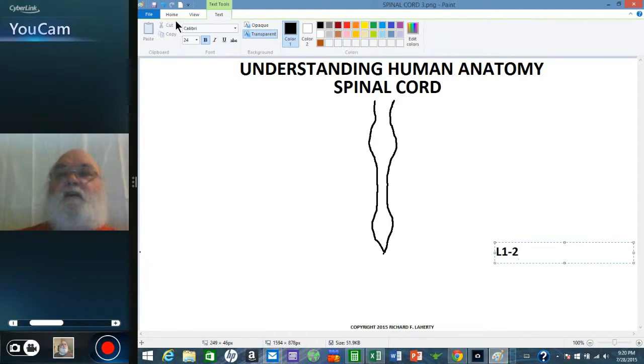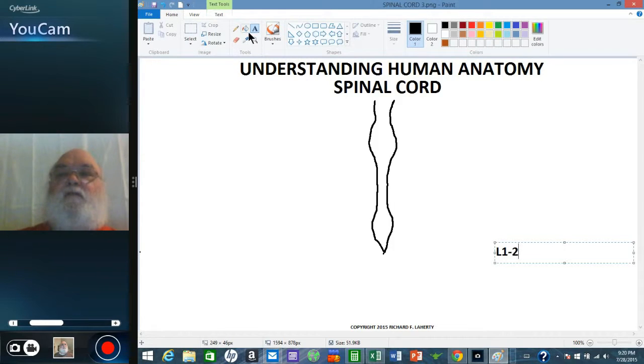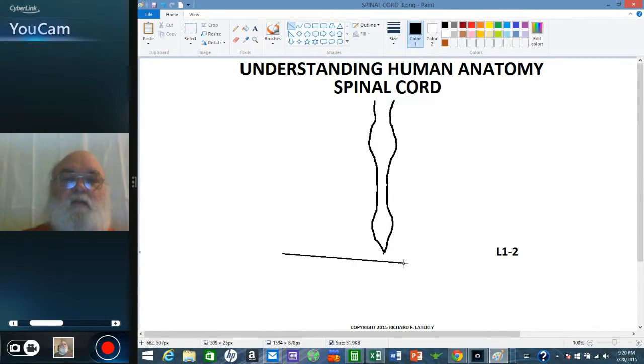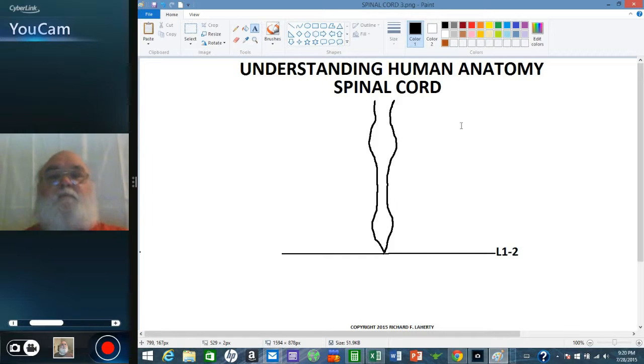So that is the level L1, L2. And we'll find that there are two areas where the cord seems larger or thicker, larger in diameter.